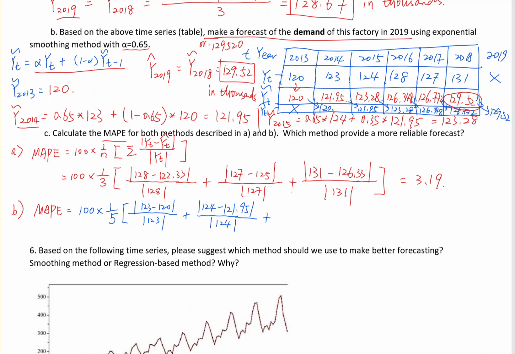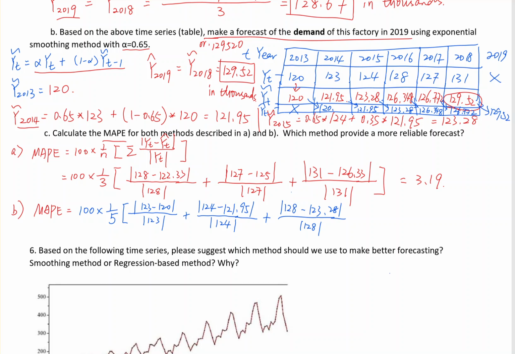And then plus, the third pair, I know it is a long calculation, 128 minus 123.28 divided by 128.